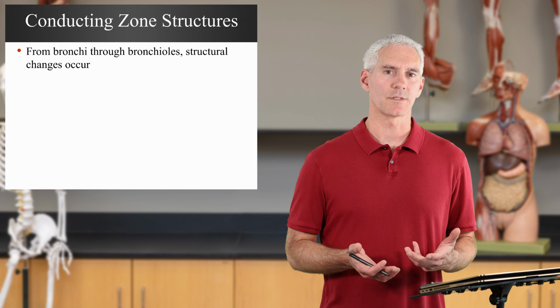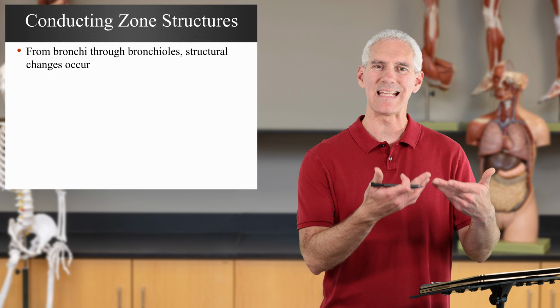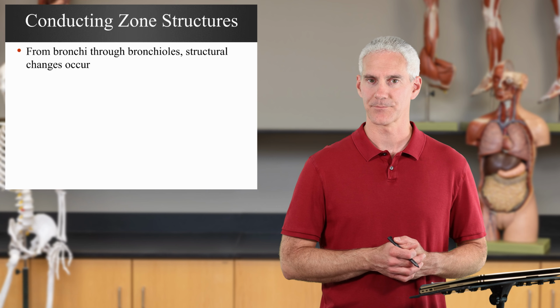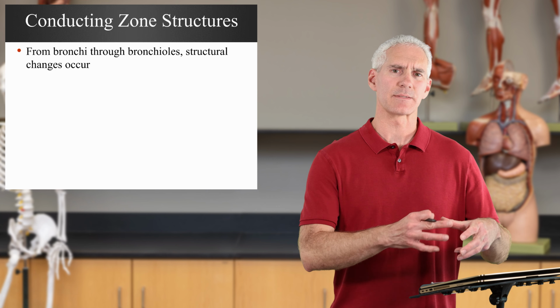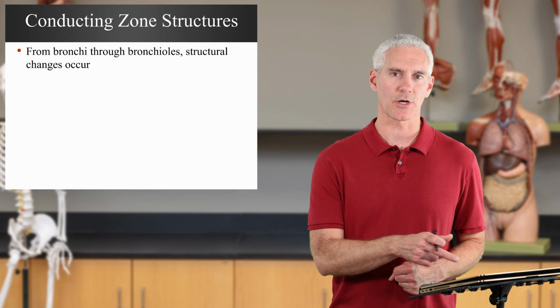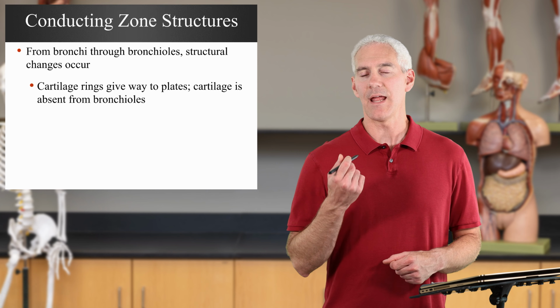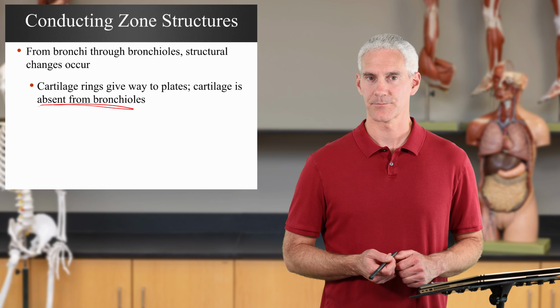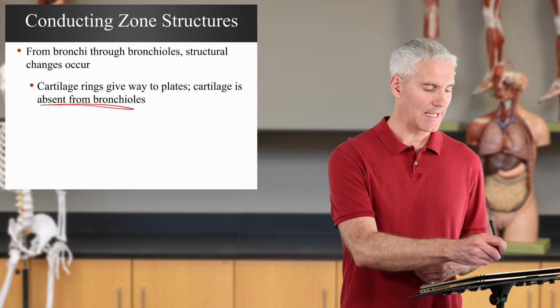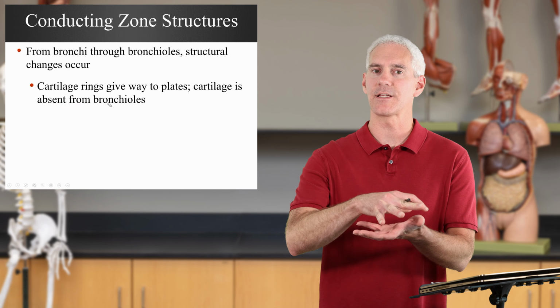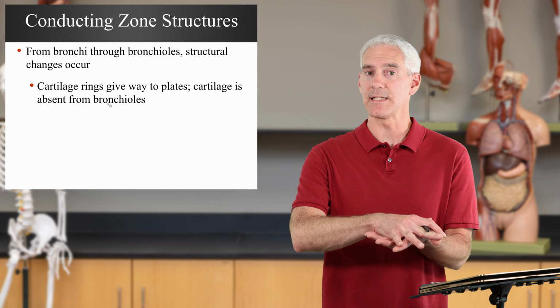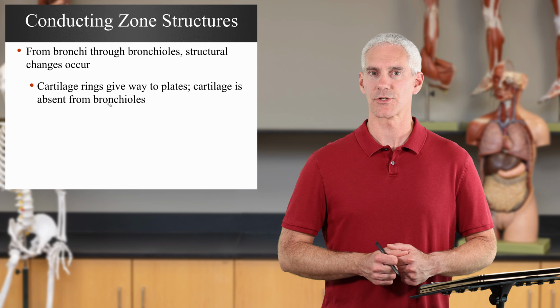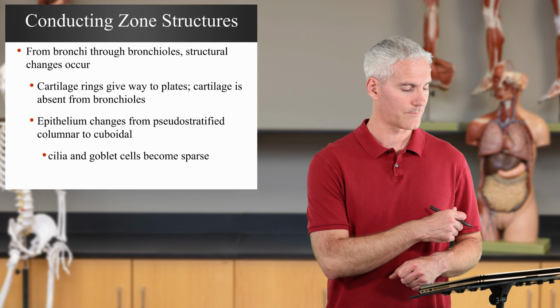Now, the bronchioles are the smaller tubes more towards the end of the conducting pathway. Because these bronchioles get smaller and smaller, they have some structural differences. In this case, cartilage is absent from the bronchioles. Instead, the cartilage is giving way to more plate-like structures. Those plates give the rigidity and the structure necessary for the bronchioles.